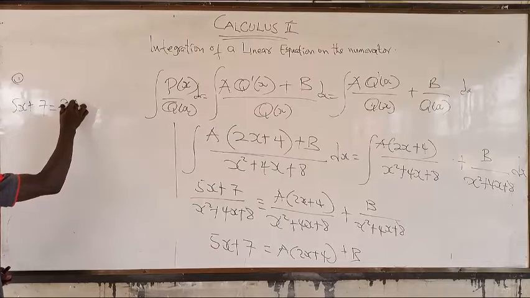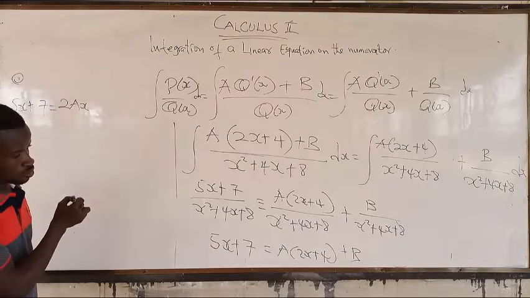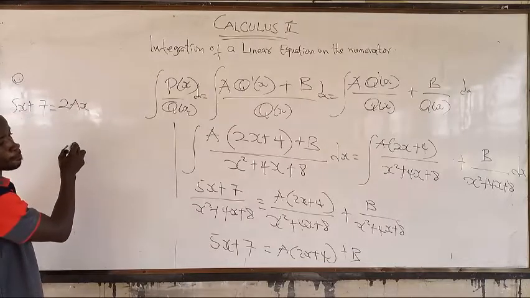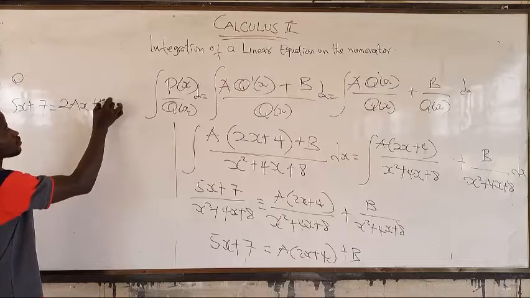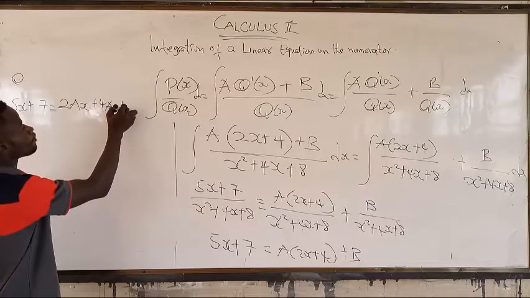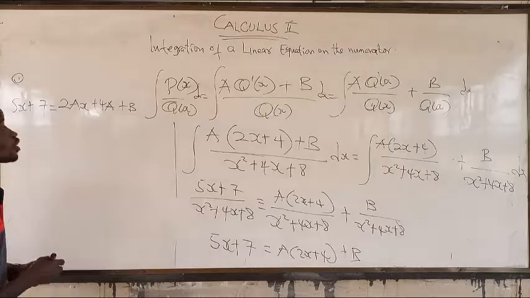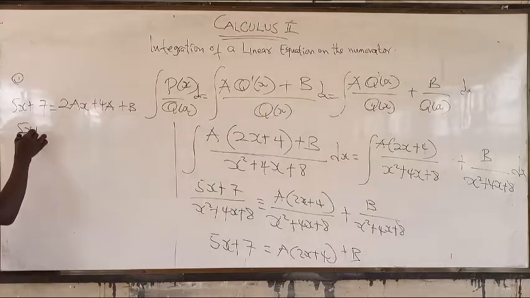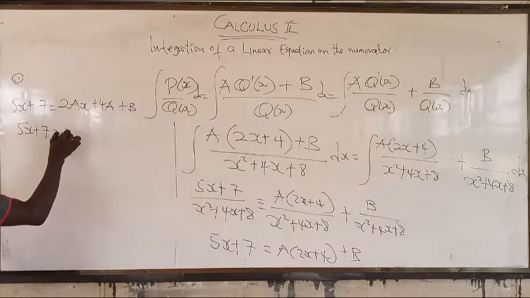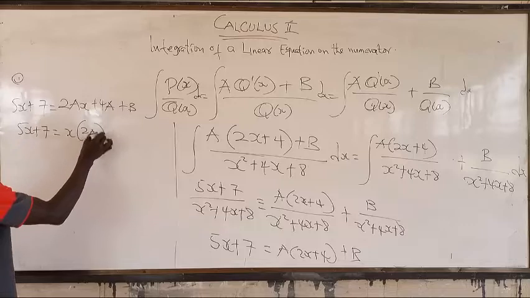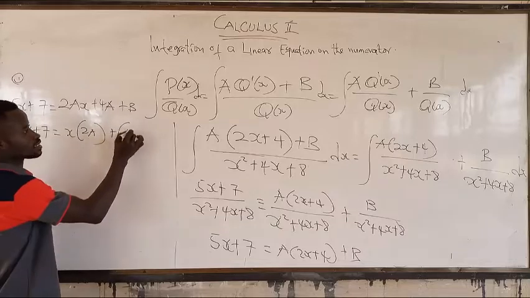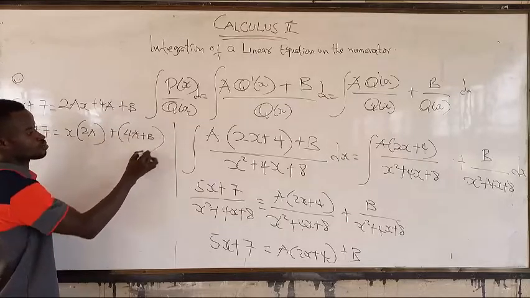So we get 2as plus 4a plus b, and the constant is 4a plus b.